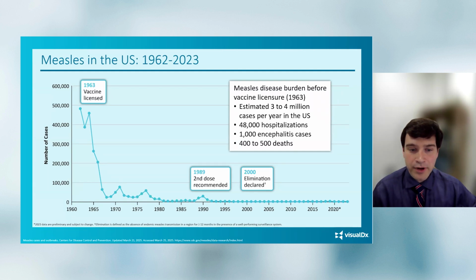There were still occasional outbreaks, including a rather large one in the late 80s and early 90s. Eventually, a second dose of MMR vaccine was recommended as part of the routine schedule, and after that, the United States achieved elimination status in 2000. Elimination means that there was no sustained transmission within the US, but that doesn't mean that there were no cases.